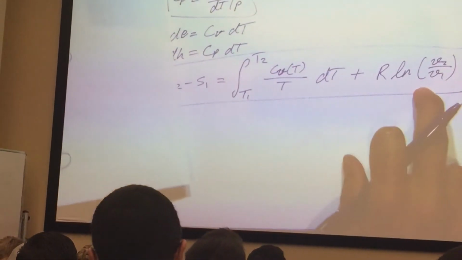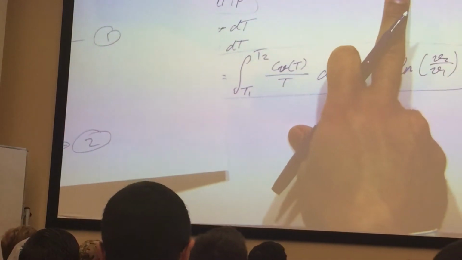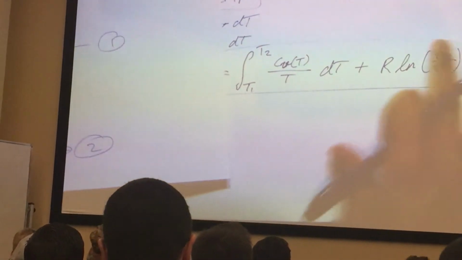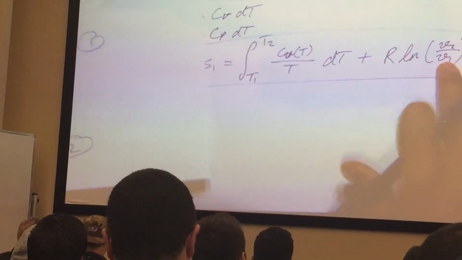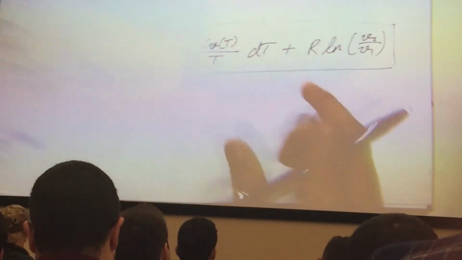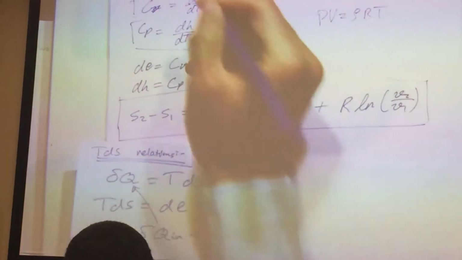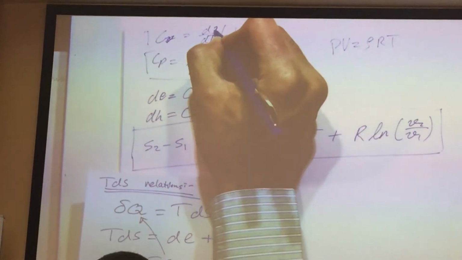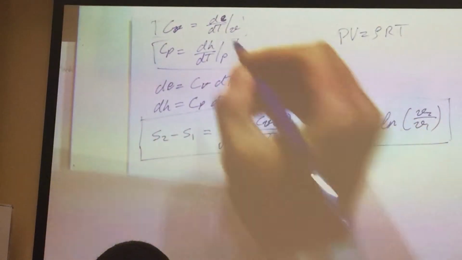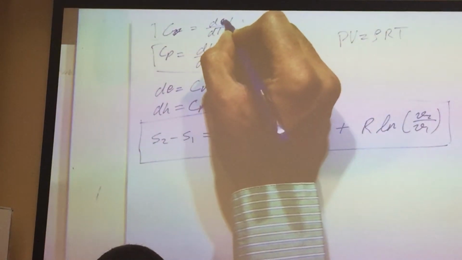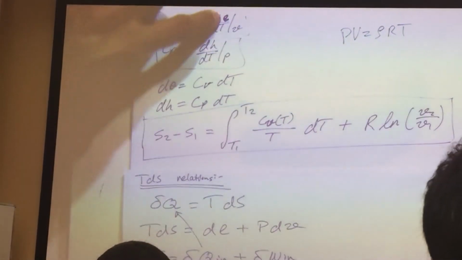So I already know my Q, P delta V is right here. I can substitute in terms of my ideal gas law, get it in terms of specific volume, and do the integration. I had here U, but let's just make it E instead of U. It's internal energy.